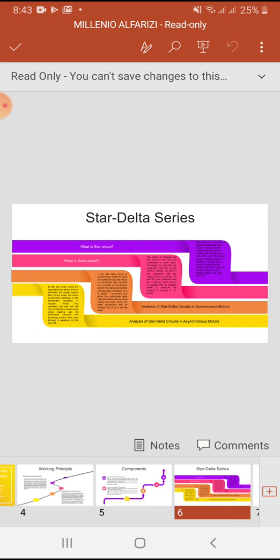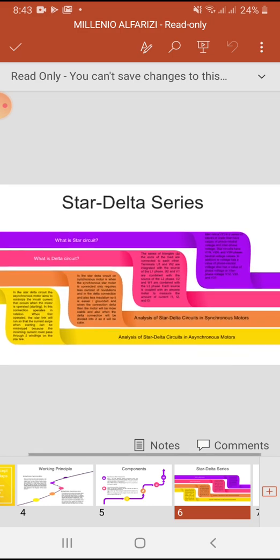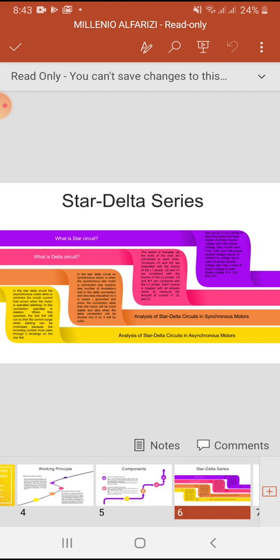Star delta series. Star delta circuit. Star circuit, Y, is a series of electrical loads that have values of phase neutral voltage and interphase voltage.